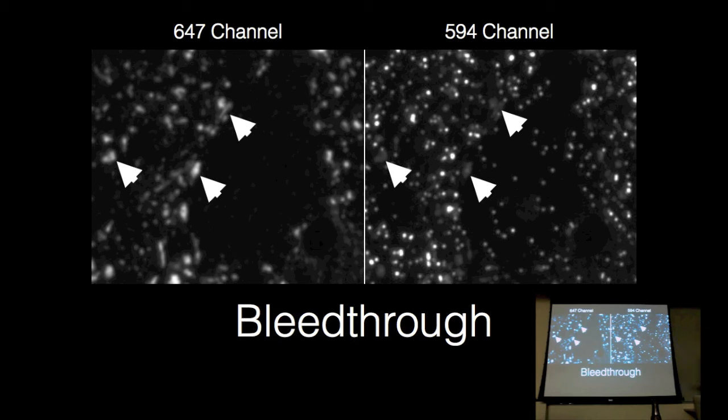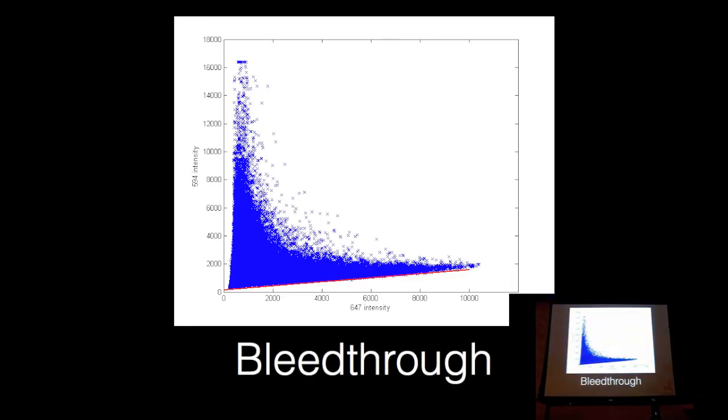The way to deal with this is that you need to subtract a percentage. You need to take this image and subtract it from this image with some factor. And you can figure out what that factor is just by looking at the plot.